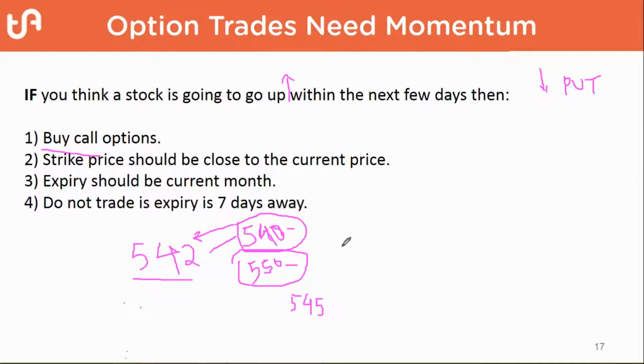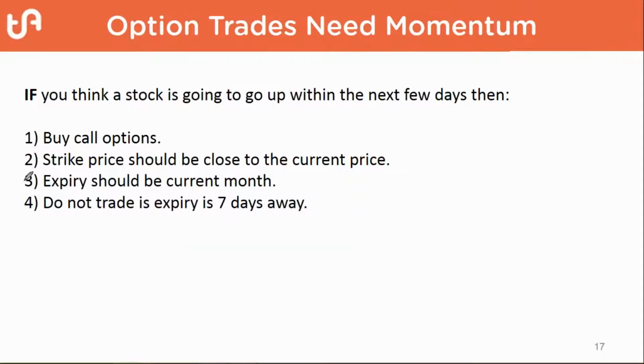You could also do 550, but depending, yeah, that's right, Akshay. You could do either, but generally you pick 540 because if the price moves beyond that, you make more money. But even in this case, you could have either. Both are right. Right. So what you need to keep in mind is when the market is going up, you buy call. When the market is going down, you buy put. Strike price should be close to the current price.